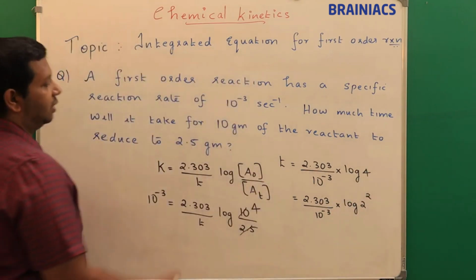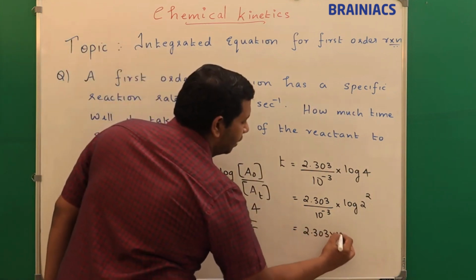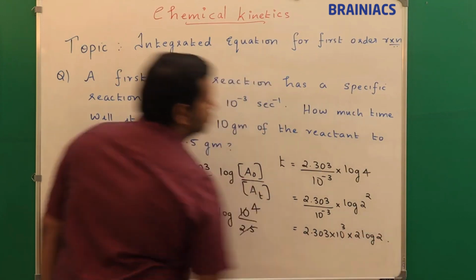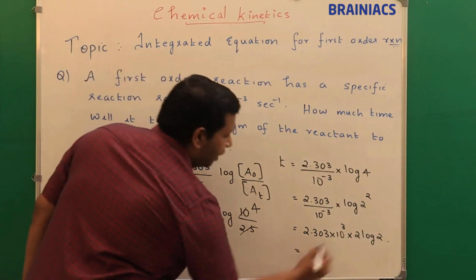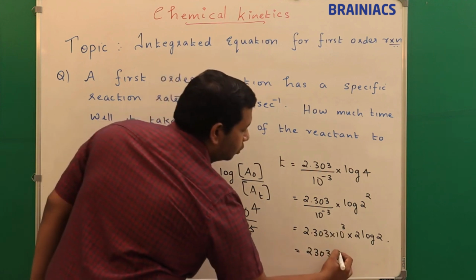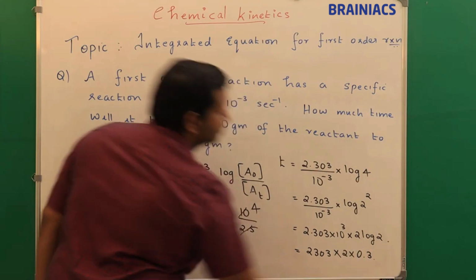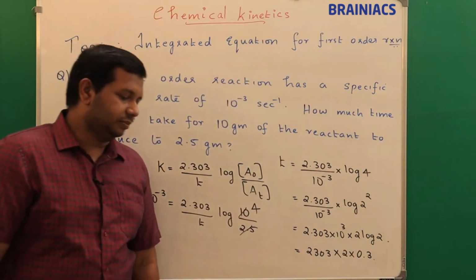That is nothing but 2.303 into 10 power 3 into 2 log 2. Correct? So tell me what can be the approximate value. I am multiplying this: 2303 into 2 into log 2, which is 0.3. Just multiply it and tell me how much value you are getting.